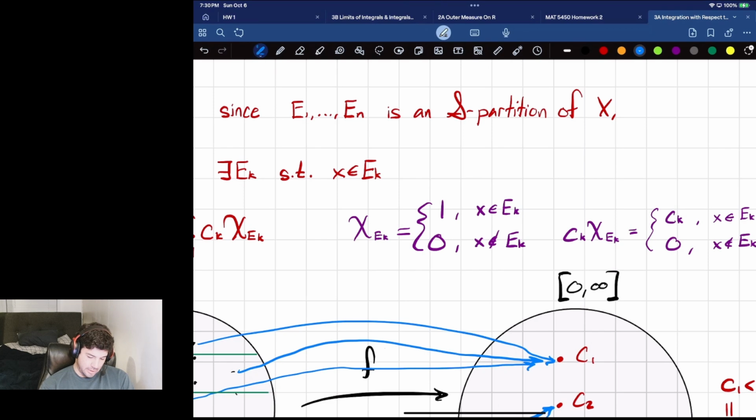So that means if we take the inverse image of this for 1, that needs to be contained in EK.